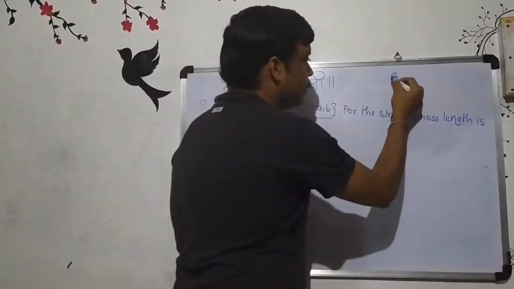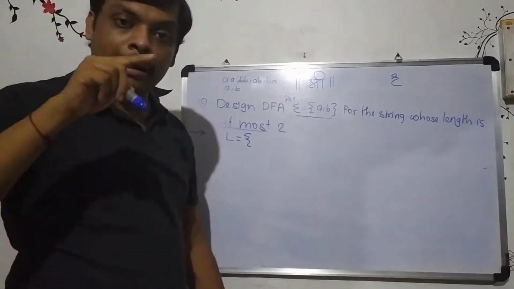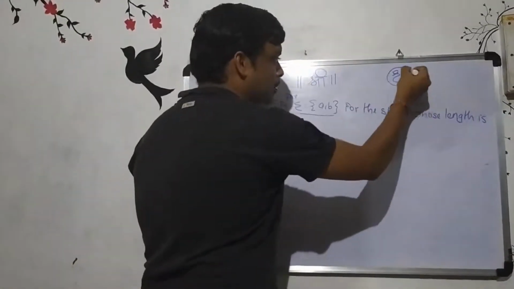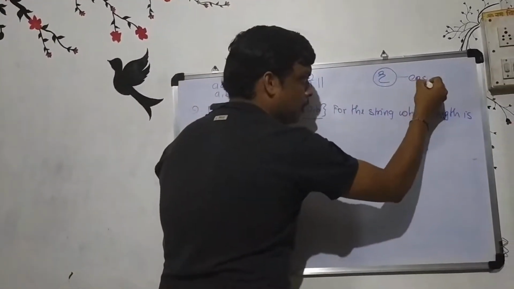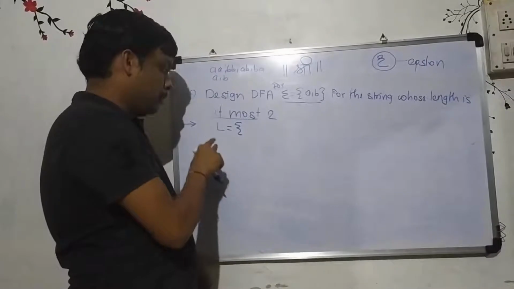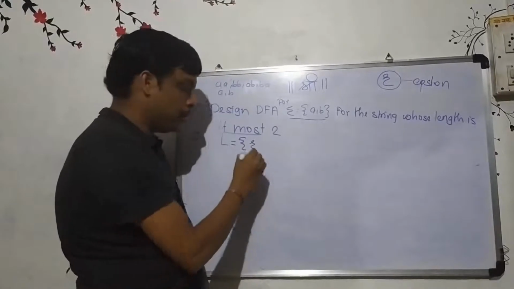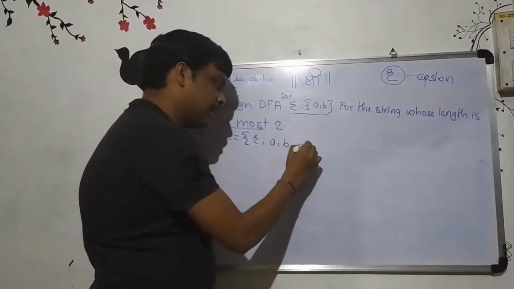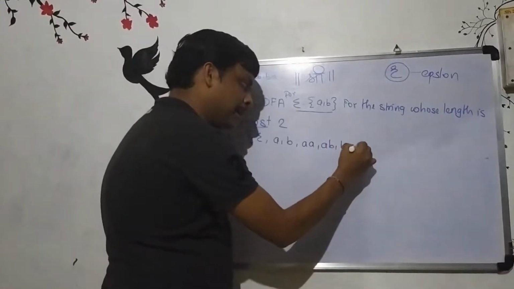This is epsilon, a Greek symbol. We have to accept the string with length 0 as far as this language is concerned. So this language must accept epsilon, the string with length 0, strings with length 1, and strings with length 2 as well: AA, AB, BA and BB.